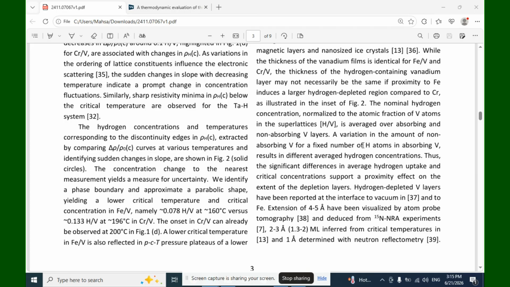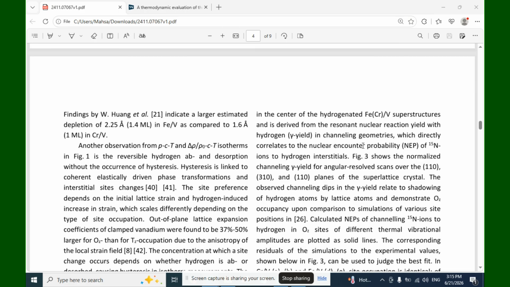Between 2 and 3 monolayers were inferred from the critical temperatures, and one with the lowest value determined with neutron reflectometry. Findings by W. Hung and colleagues in reference 21 indicate a larger estimated depletion of 2.25 monolayers in the Fe/V as compared to 1.6 monolayers in Cr/V.